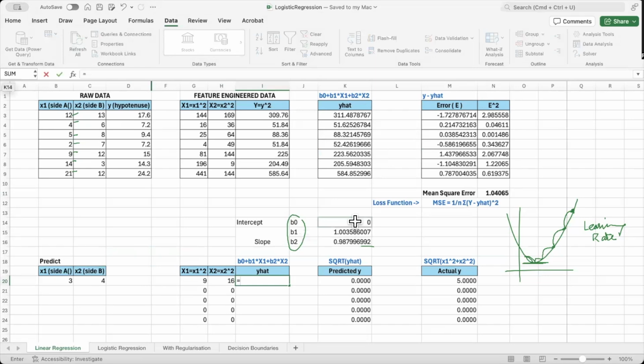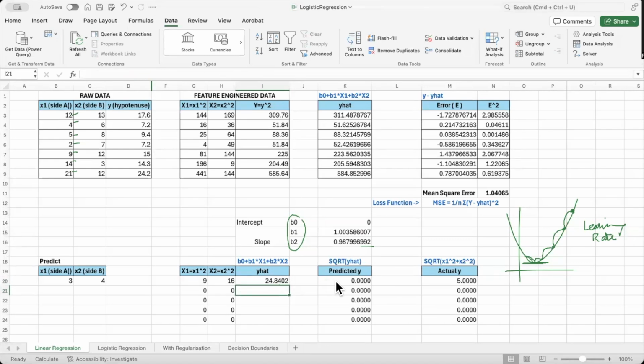This is equal to beta 0, I fix this once again, plus beta 1 into x1 plus beta 2 into x2. So this is my y hat, but we know that y hat is the square of the hypotenuse. So we will have to calculate the hypotenuse as the square root of this value. So the predicted value of y is 4.98.